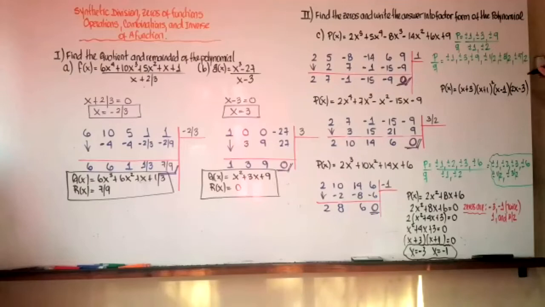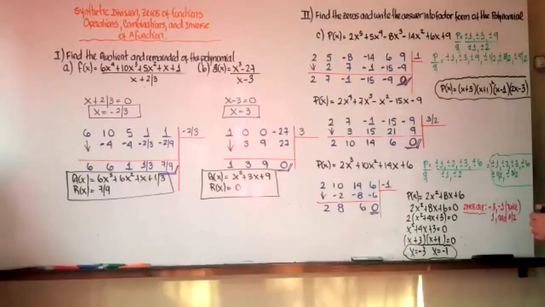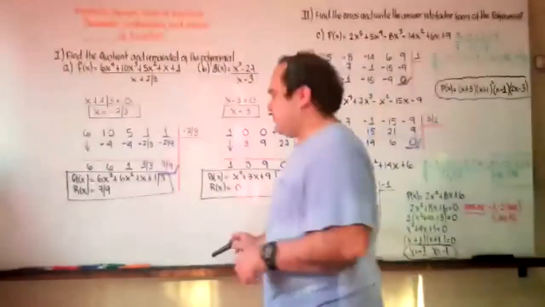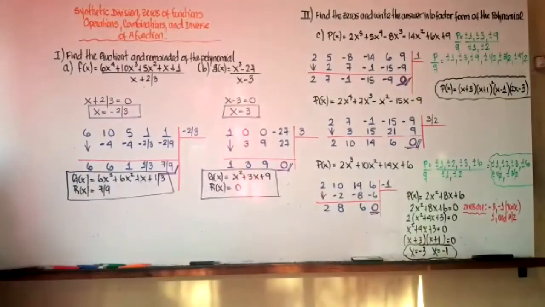And the factor form will be this beautiful polynomial. And this is going to be at least the solution set for the first lesson, synthetic division and zeros of the function. Questions?